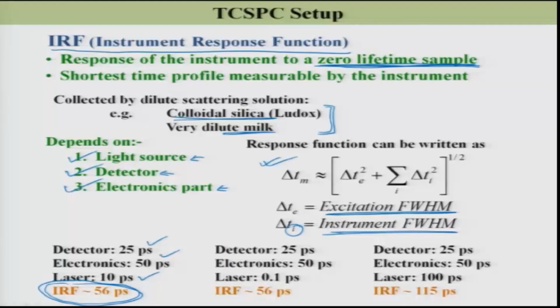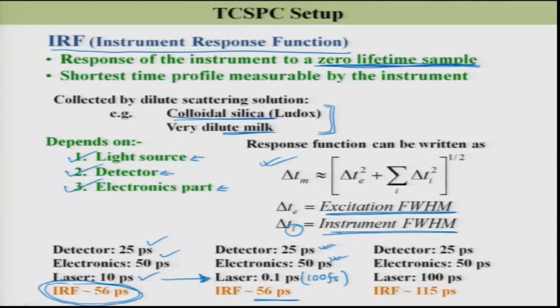Now what I have done is change the laser from 10 picosecond to 0.1 picosecond, that means 100 femtosecond. It is a much better laser, but if you calculate it, you will see the IRF remains 56 picosecond. That means it has some effect, but the effect is not so prominent here, because it is overruled by these two values.